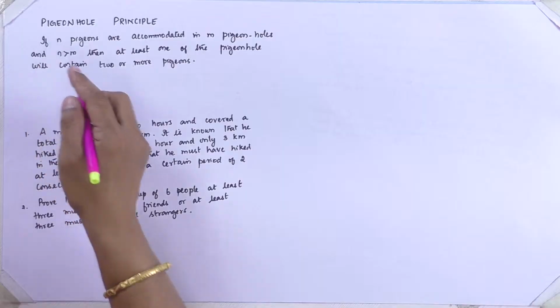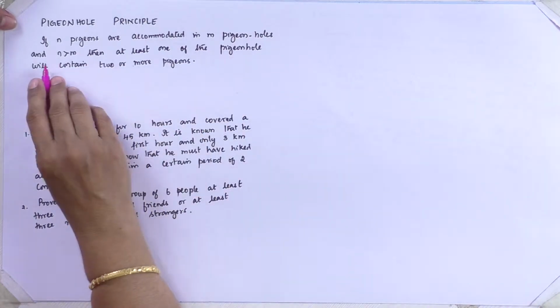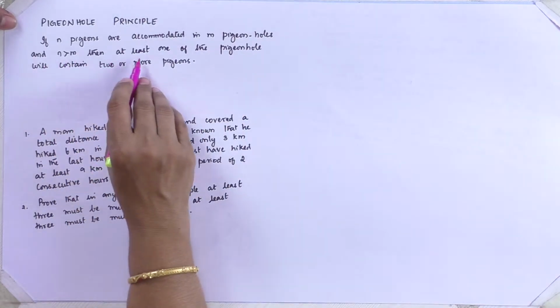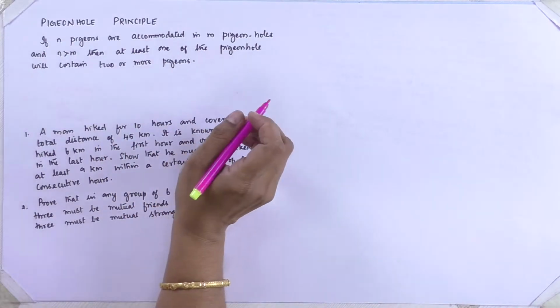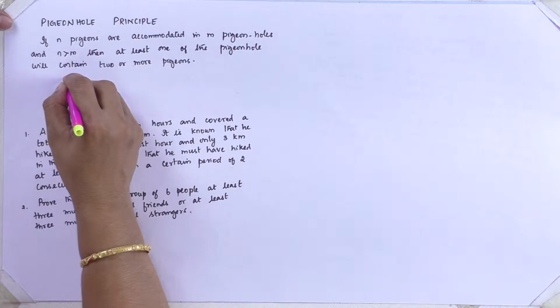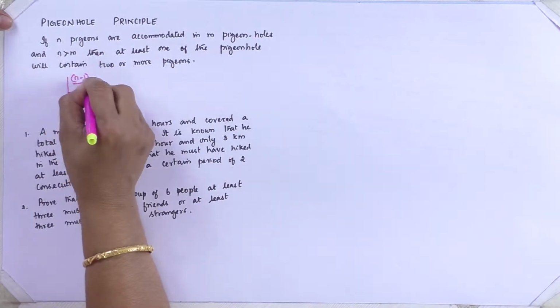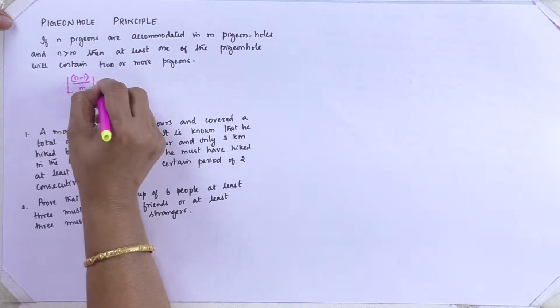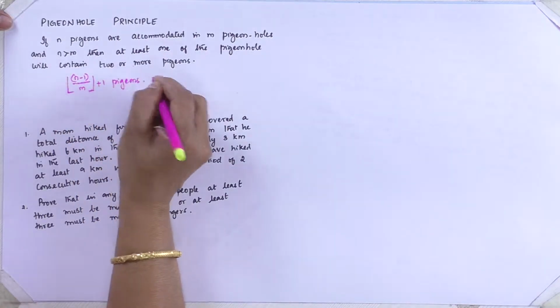So if n pigeons are accommodated in m pigeonholes and n is greater than m, then at least one of the pigeonholes will contain 2 or more pigeons. Mathematically speaking, we can say that it should have the integral part of (n minus 1) by m, plus 1 pigeons, right?